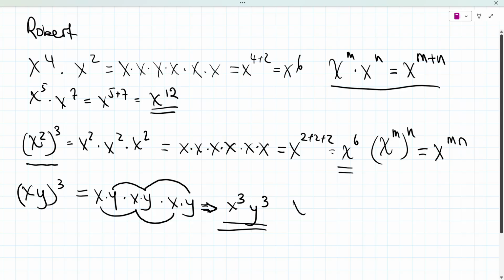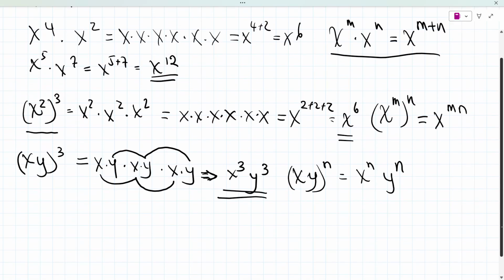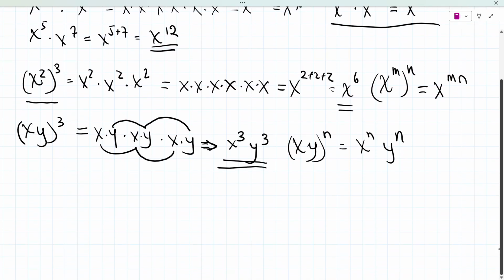So if you have x multiplied by y to the power n, this is equal to x to the power n multiplied by y to the power n. And we can look at another example. 3 multiplied by 4 all to the power 2.